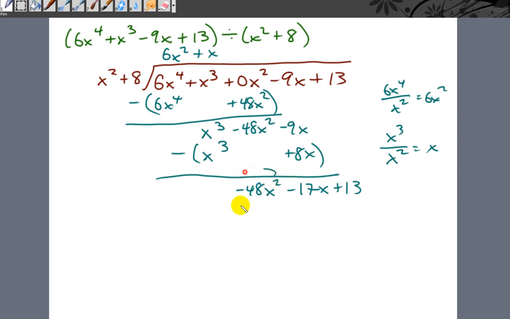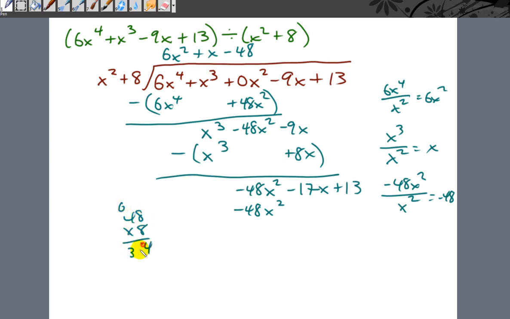Now we need to compare these. So we have negative 48x squared divided by x squared, and that's going to be negative 48. So we have a negative 48 right here, and then we need to go ahead and multiply that. So negative 48x squared, and then we have negative 48 times 8. Let's just do that real fast. So we get something like 384.